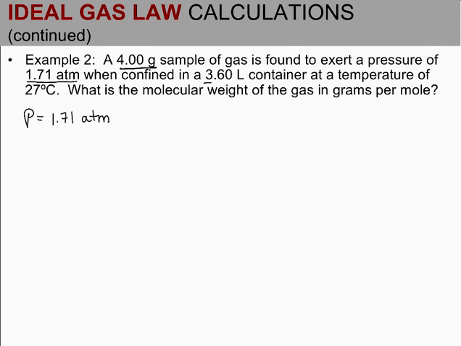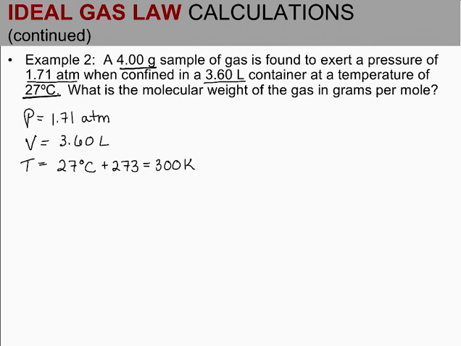We're told that the volume is 3.6 liters. And we're told the temperature is 27 degrees Celsius, but remember we want that in Kelvin. So let's add 273. And that gives us a temperature of 300 Kelvin.